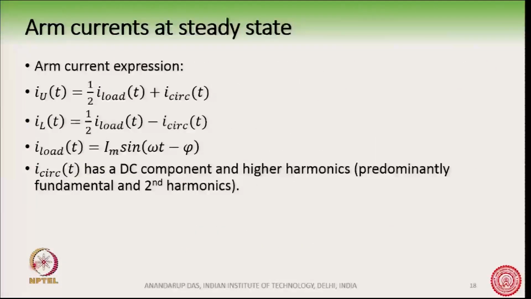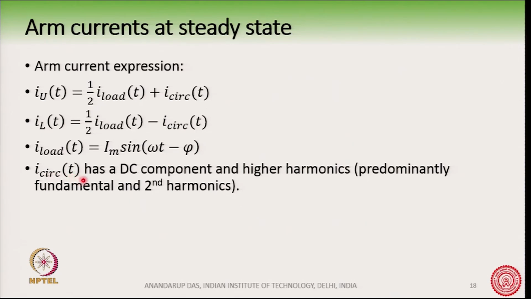So, therefore, we can write it like this. So, that the sum of I u plus I L is equal to I load, right, which is given by I m sin omega t minus phi, phi being the power factor angle of the load.